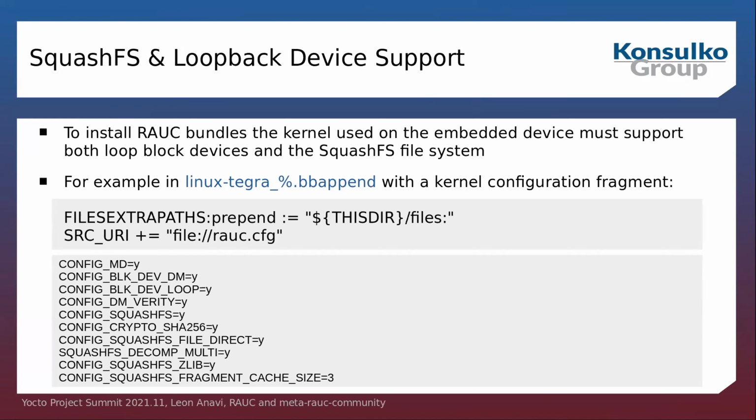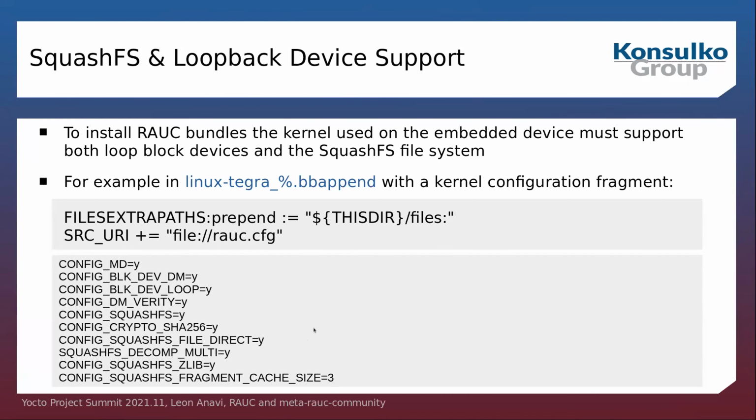I believe yesterday there was a good hands-on tutorial by Tim who explained these configuration fragments. So I have defined a RAUC.config file, and in it I have enabled all the required things for RAUC to work within the kernel.